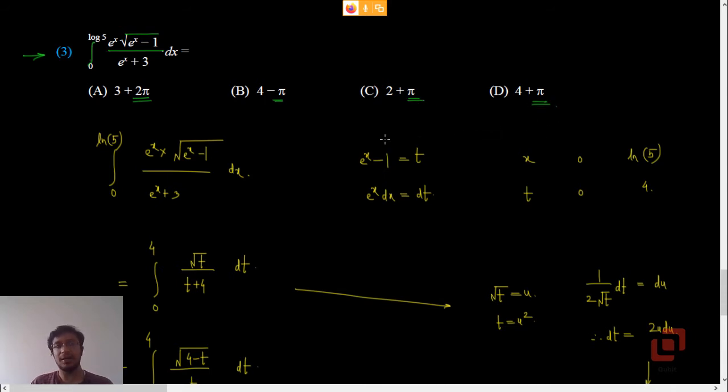So this is an indicator that whatever substitution or method you are going to use to solve this problem, some trigonometric function will appear, because in the integrand as well as in the limits pi does not appear, but all of the options involve pi, and usually pi pops up in the answer only when trigonometric functions or their inverse functions are there.